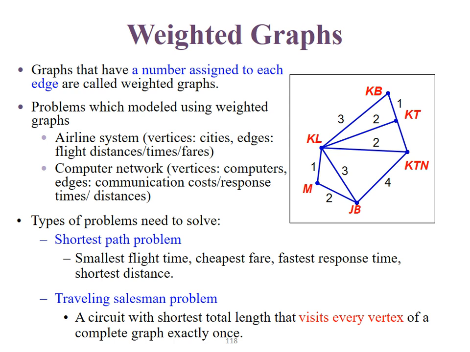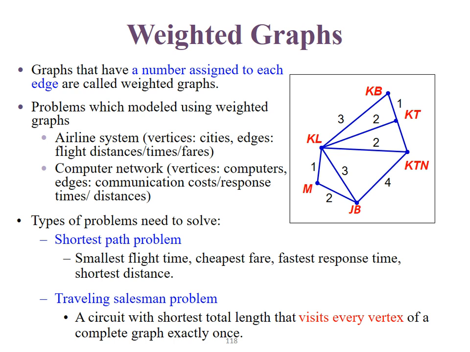So the problem we are trying to solve is the shortest path problem. The shortest path problem involves the smallest time. If we label the time cost for each edge, then you can see how you can travel along a path to have the minimum traveling time.